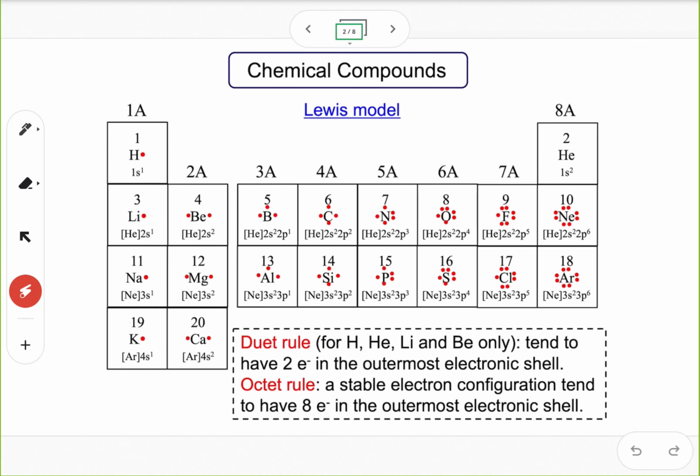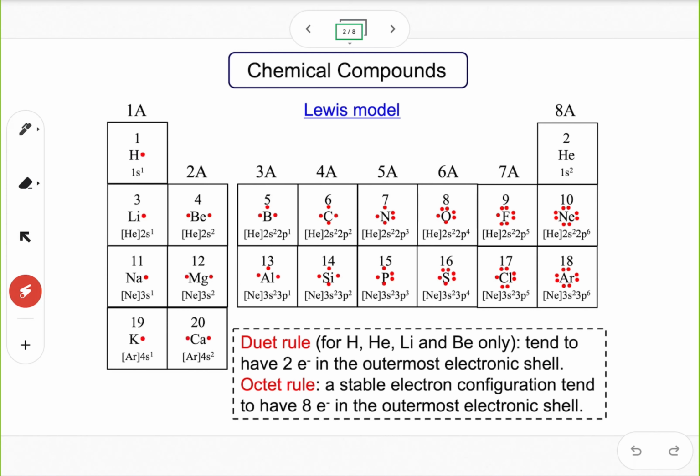For instance, for nitrogen, helium core electrons, 5 valence electrons on the 2s and 2p orbitals, so we use 5 dots to represent those 5 electrons, 1 pair and 3 unpaired electrons. Another example, sulfur, 6 valence electrons on the 3s and 3p orbitals, so we use 6 dots, 2 pairs and 2 unpaired electrons.